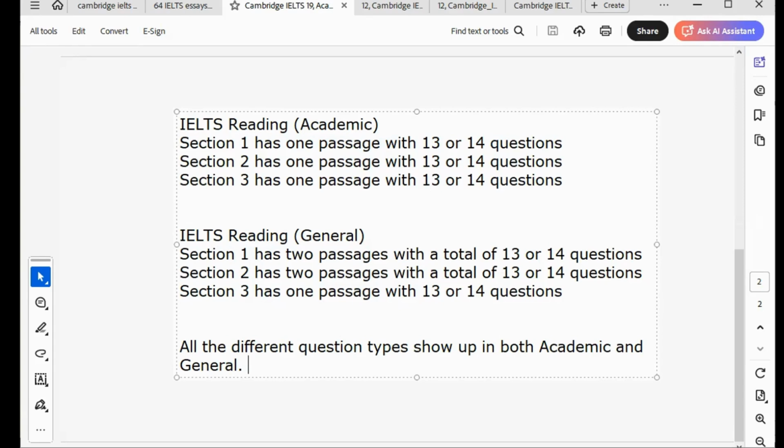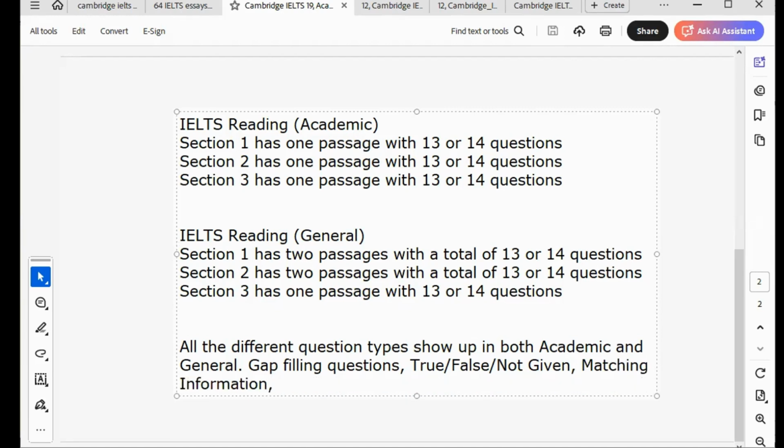So when it comes to, we have what you call gap filling questions. You are going to see them in IELTS Academic. You see them in IELTS General. You have what you call true, false, not given. You see them in IELTS Academic. You see them in IELTS General. We have what you call matching information. You see them in IELTS Academic.